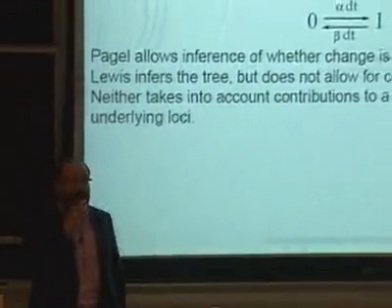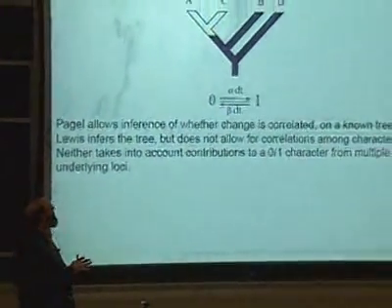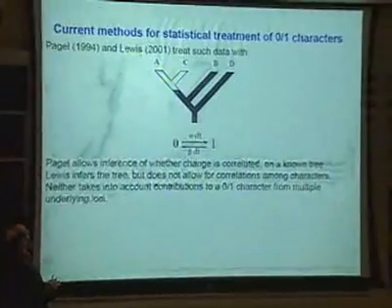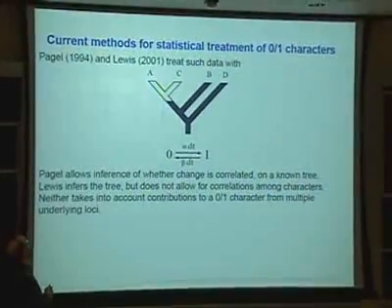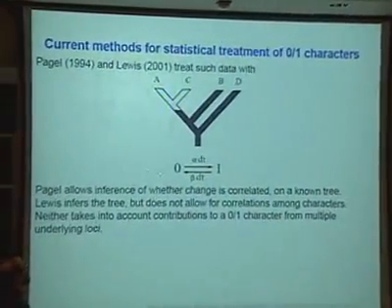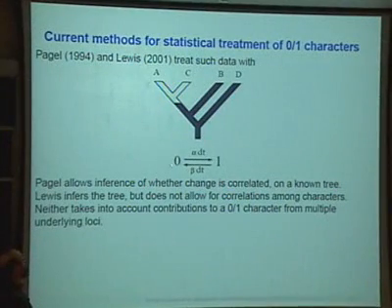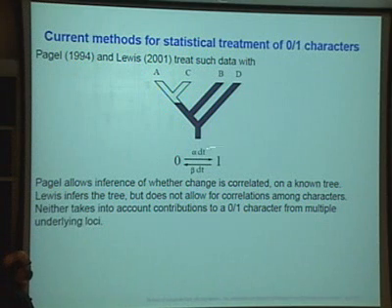And there are some methods that people are using. Mark Pagel, in 1994, is now at the University of Reading in England. Mark Pagel had a model where he just said, well, we want to do comparative method studies on 0-1 characters, so let's sort of pretend that they're nucleotides. Let's pretend there's only two possible nucleotides, and you can mutate back and forth between them.